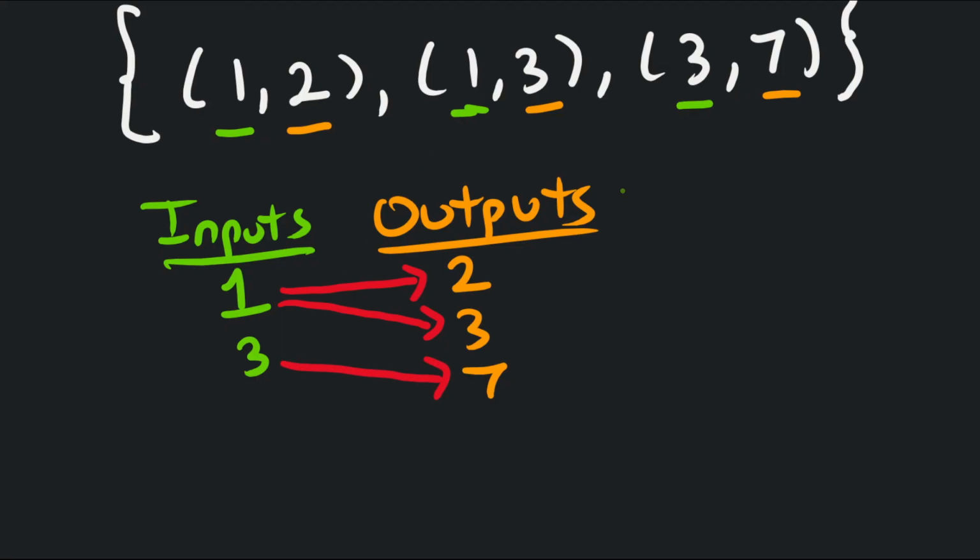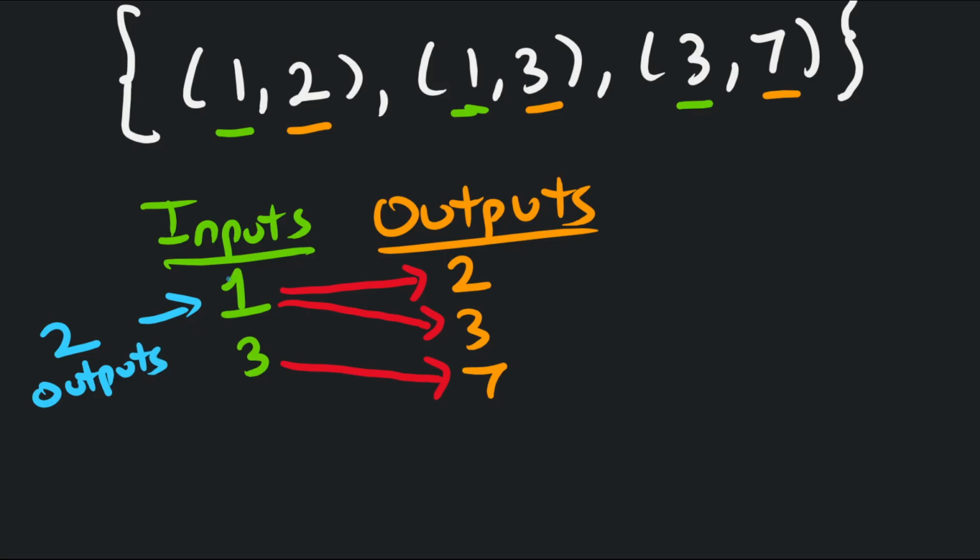So as you can see right here, if you take a look at 1, our input, it has 2 outputs. 1 has an output of 2, and 1 has an output of 3. So this one has 2 outputs.